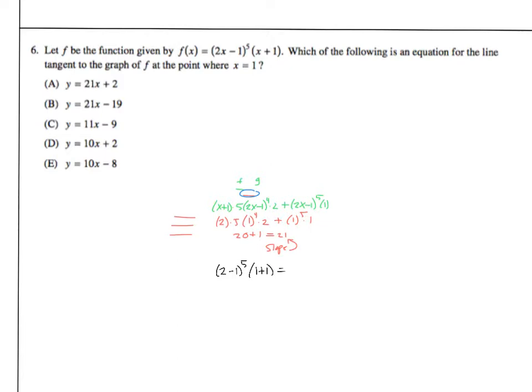So that's going to be 1 times 2 is 2. That means that my point is going to be (1, 2). So in terms of this, it's going to be y is equal to 2 plus 21 times (x minus 1). These are in mx plus b, so it might be nice if I actually combine some things. We get 21x minus 21, which is going to be minus 19. Woo!